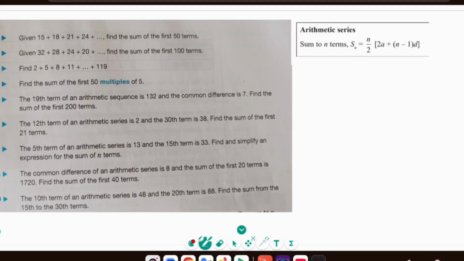Question 2. Find the sum of the first 100 terms. A is 32. The common difference is negative 4. It's going down by 4 each time. N is 100. Sum in the first 100 terms.